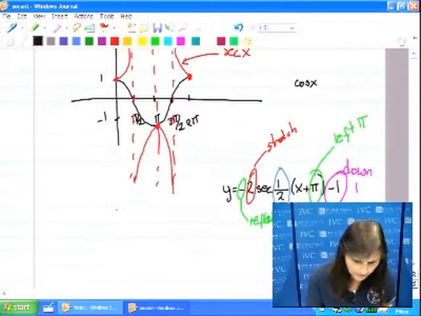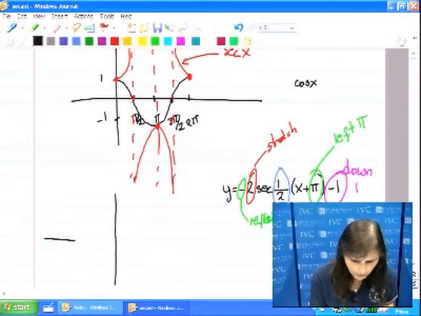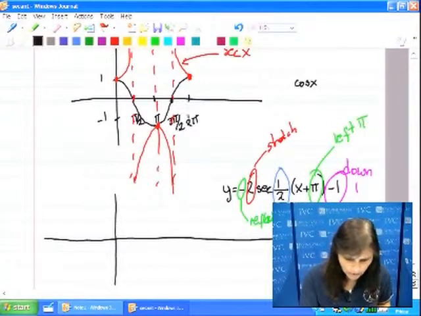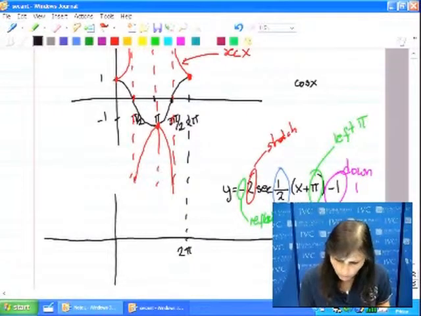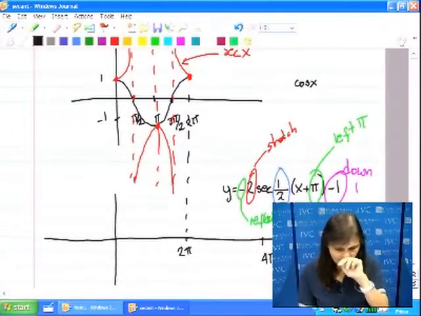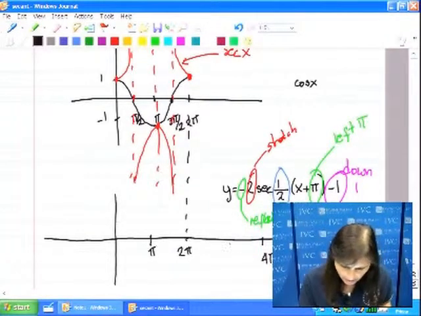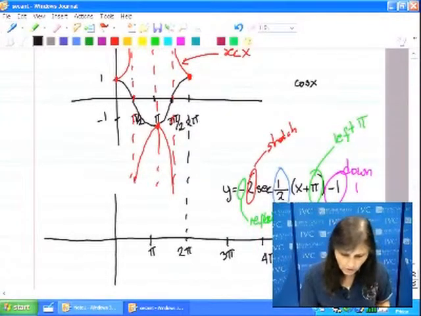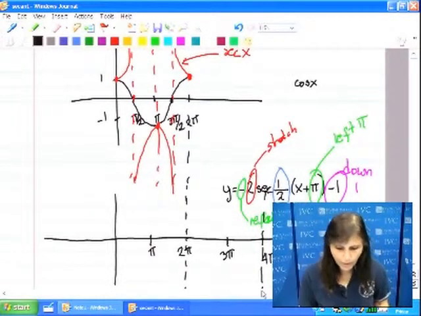Now that I have all this, I'm going to start moving things around. Let's start with the period. I always start with the period. My period used to be 2 pi. Now my period is going to be twice as big, 4 pi. The middle of 2 pi is going to be pi, and the middle of that is going to be 3 pi. This thing is going to have a period of 4 pi.